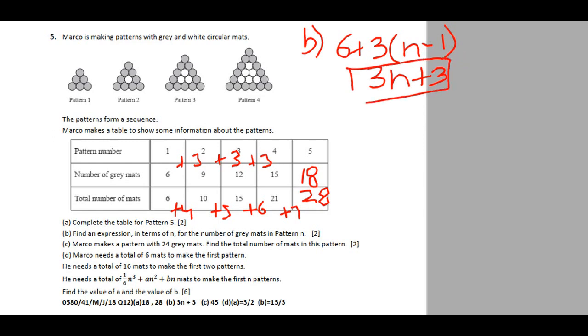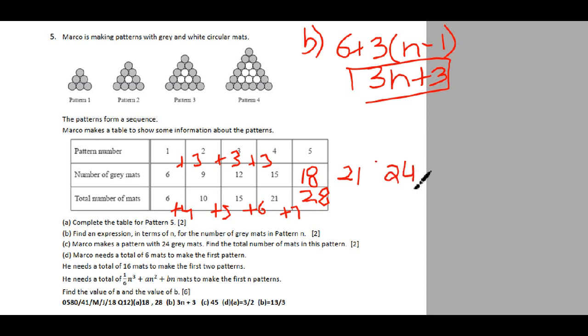Part C, Macro makes a pattern with 24 gray mats. Find the total number of mats in this pattern. So after 18 we'll get 19, 20, 21 gray mats, and then we'll get 24 gray mats.